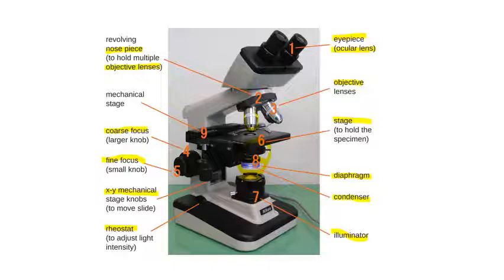And then on that condenser, there's a little dial that is called the diaphragm, and that diaphragm allows you to limit the amount of light that comes into the condenser. So condenser condenses the beam of light. The diaphragm controls how much light is going to be condensed.